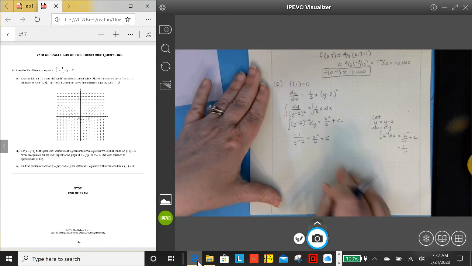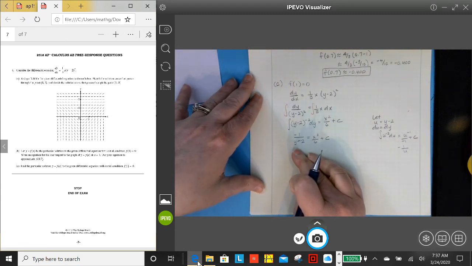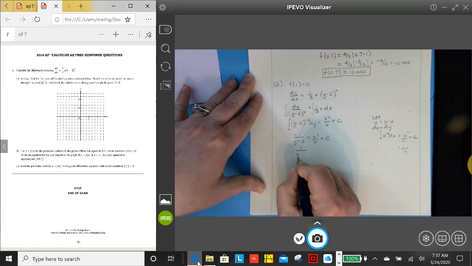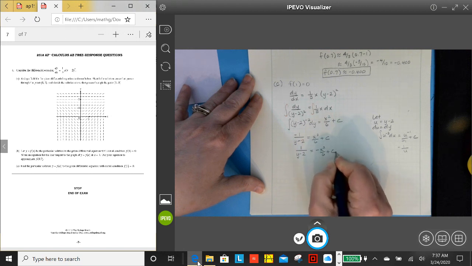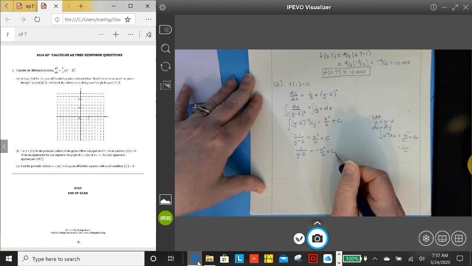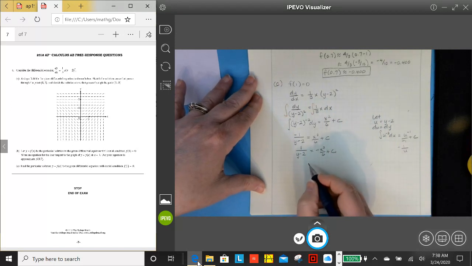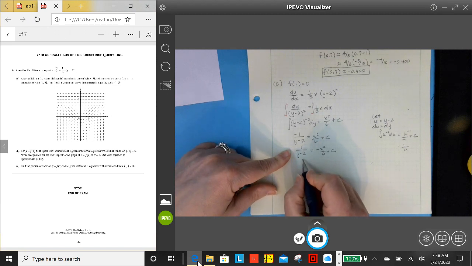Okay, now I've got to solve for y. So the first thing I'm going to do is multiply by a negative. So I get 1 over y minus 2 equals negative x squared over 6 plus c. If I multiply a negative 1 times a constant, is it still a constant? The answer is yes. And then now you have to flip. If you're going to flip this side, you have to flip the other side.